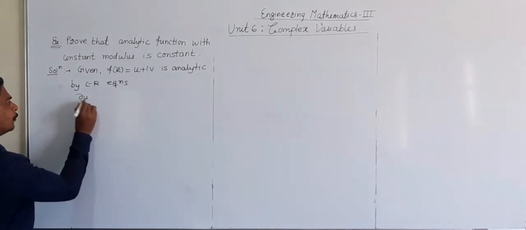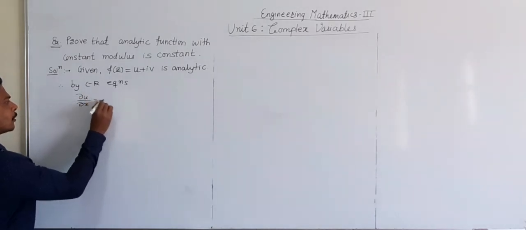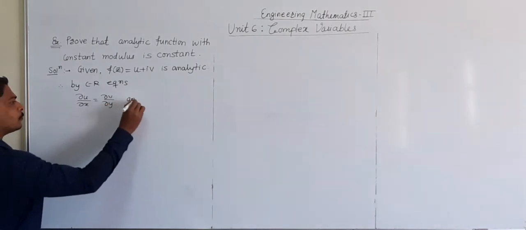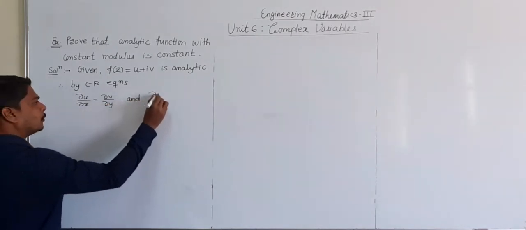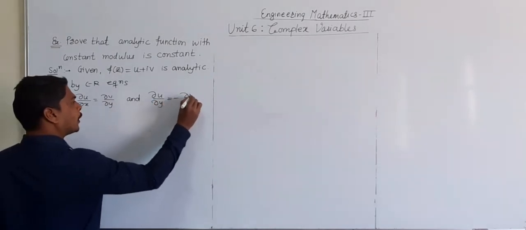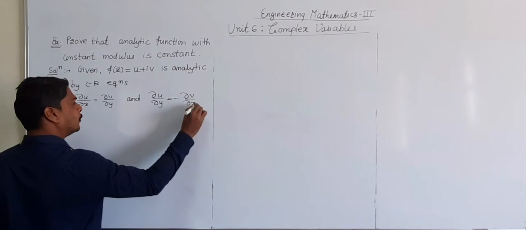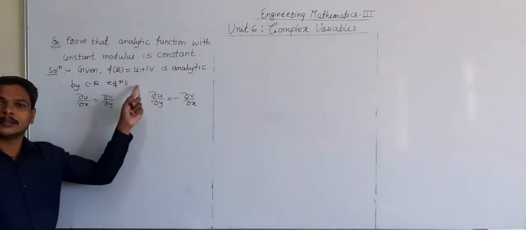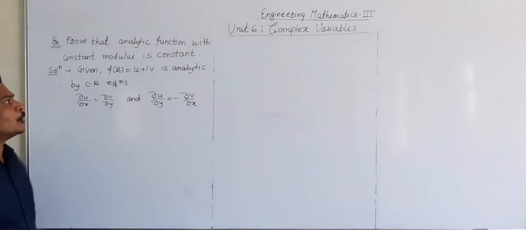Partial derivative of u with respect to x is equal to partial derivative of v with respect to y, and partial derivative of u with respect to y is equal to minus partial derivative of v with respect to x. If the given function is analytic, then this function satisfies CR conditions.